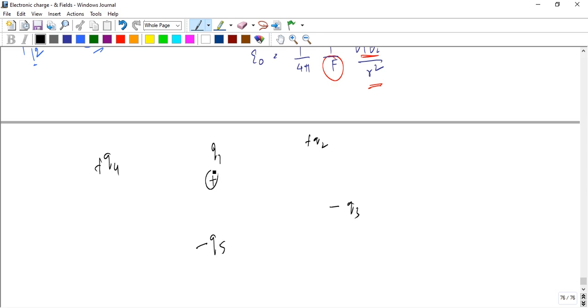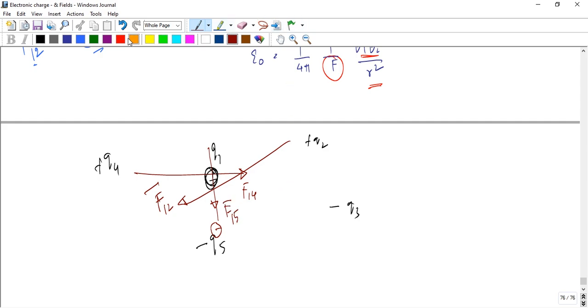The force experienced by Q1 due to the other charges: F14 is plus to plus. F12 as well. Then for the minus Q5, the force is towards the Q5 direction, F15.